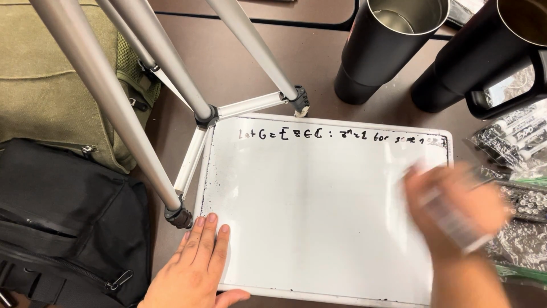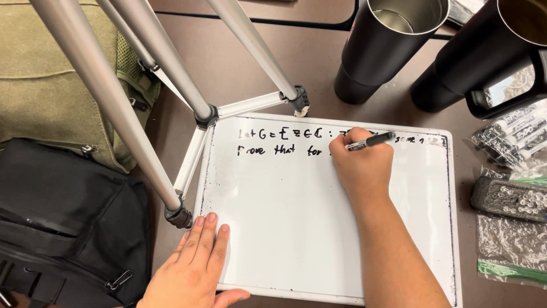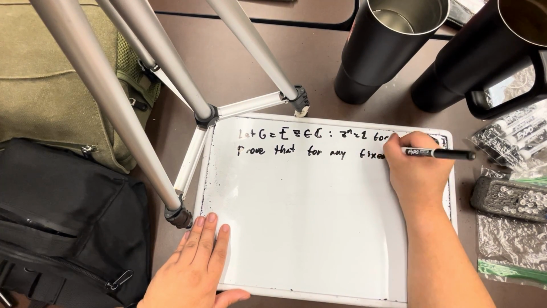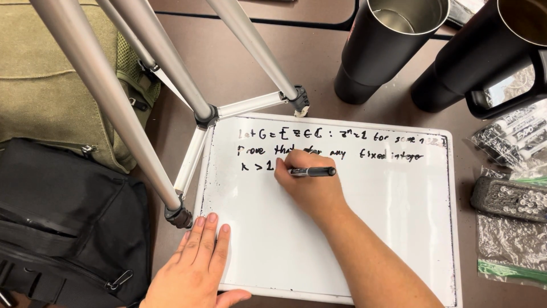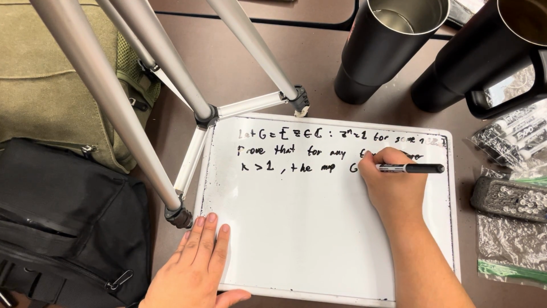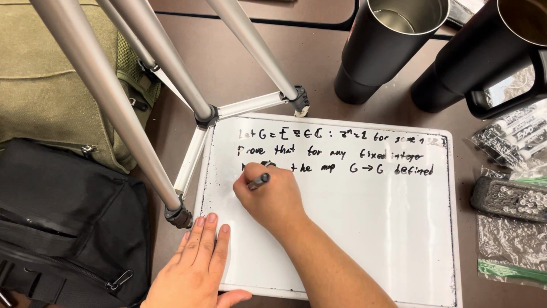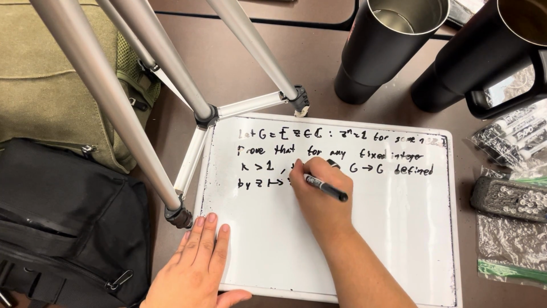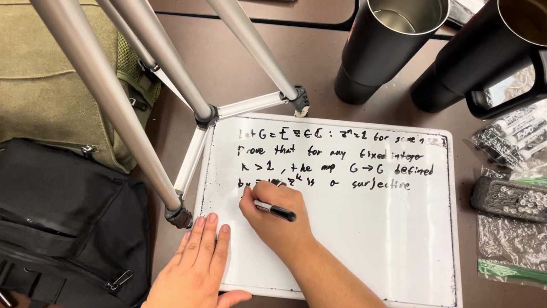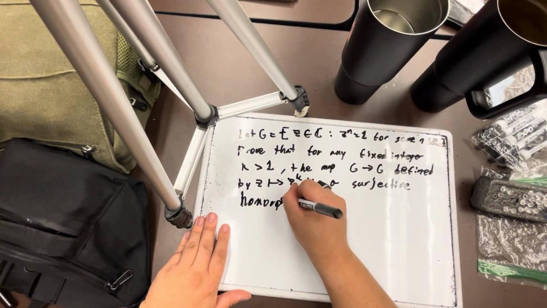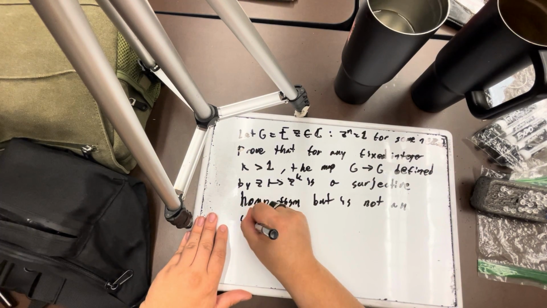And we want to prove that for any fixed integer k greater than 1, the map from G to G defined by Z to Z to the K is a surjective homomorphism but not an isomorphism.